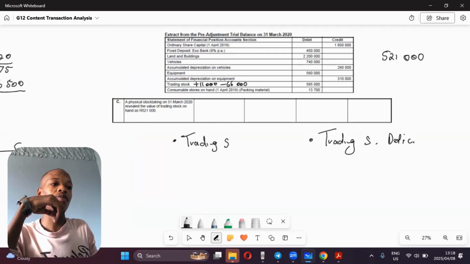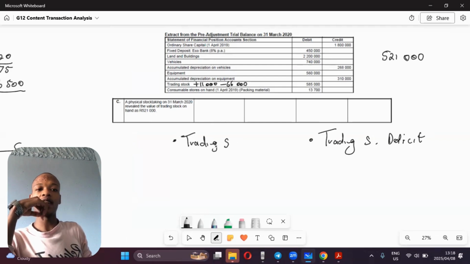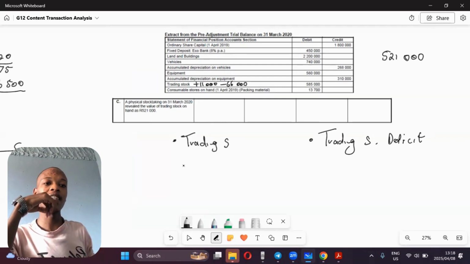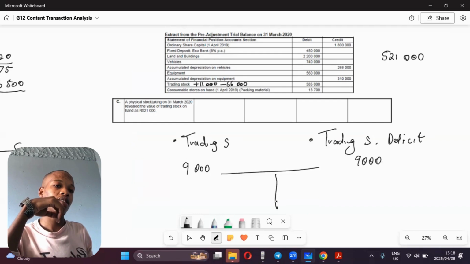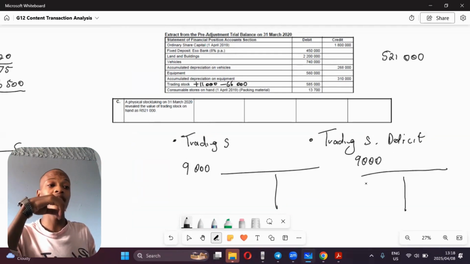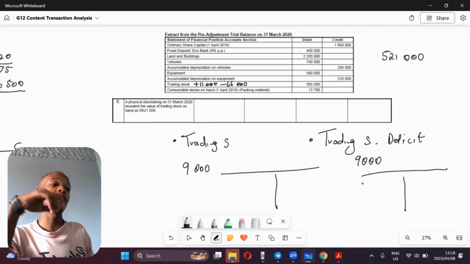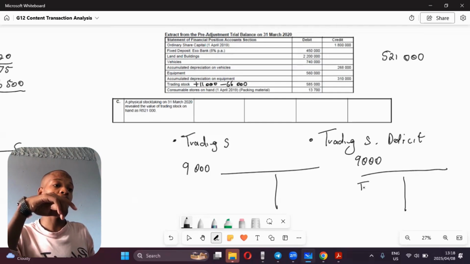How much for trading stock? It's 9,000. How much for deficit? It's 9,000. Now for the T accounts, a T for trading stock and a T for deficit. Deficit is an expense account. It grows on the debit side. It's going to be growing because of trading stock deficits.